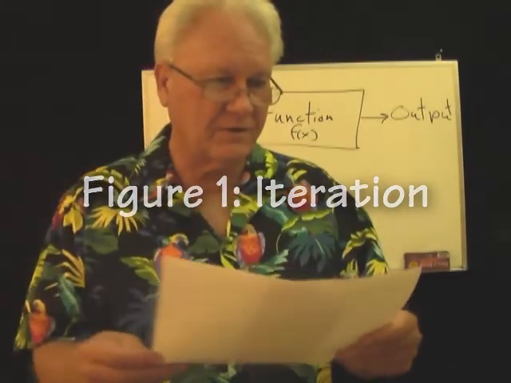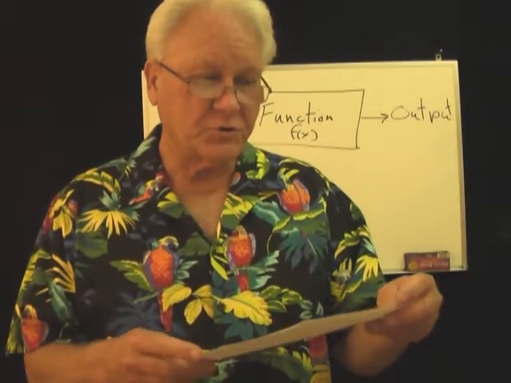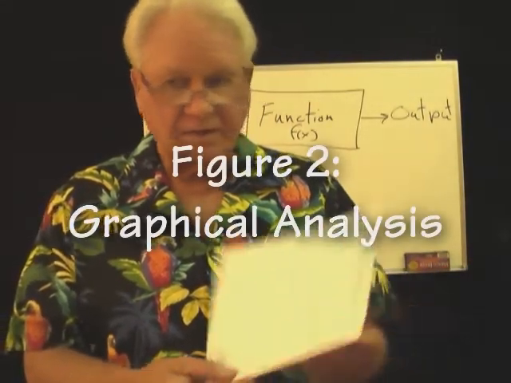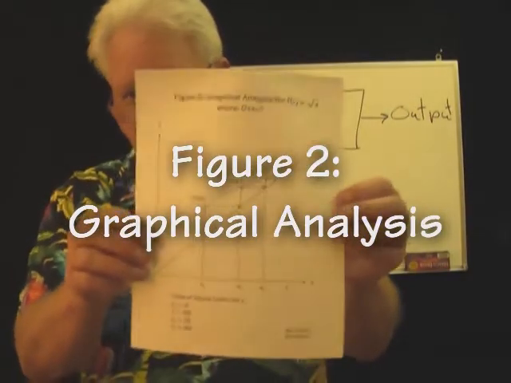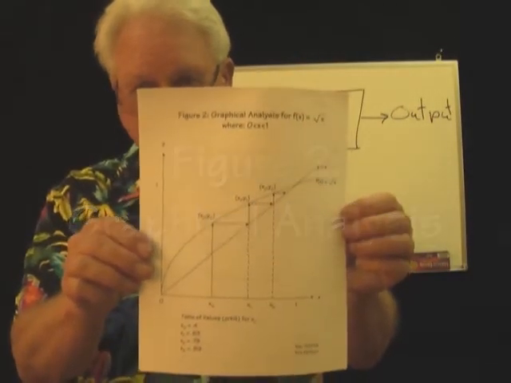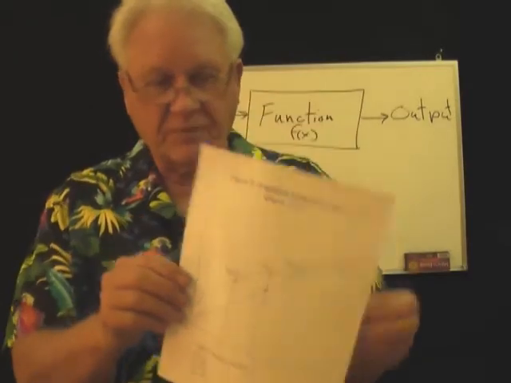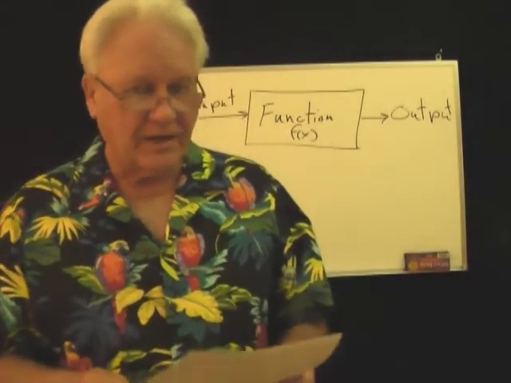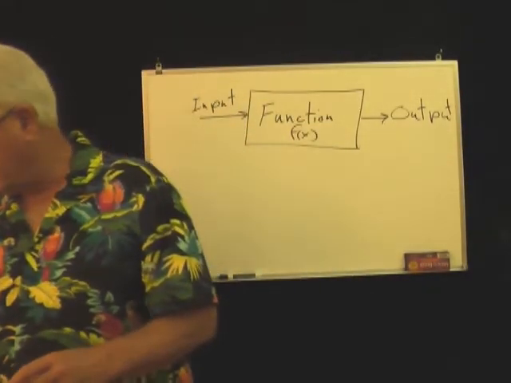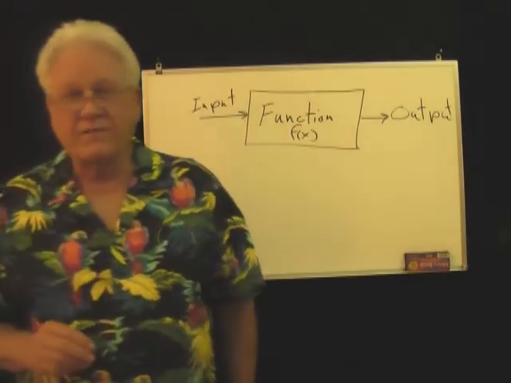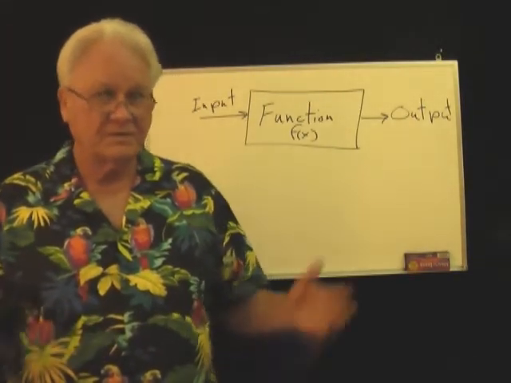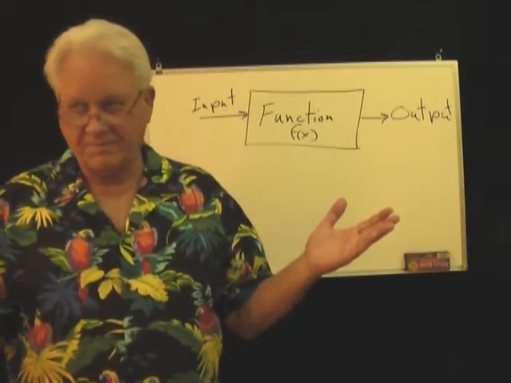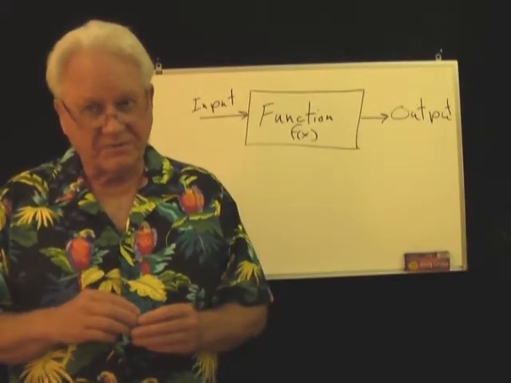The other one is called Figure 2, Graphical Analysis for the function f(x) equals the square root of x. We're going to demonstrate this on a calculator, and we're going to demonstrate this graphically too. So, here we go. Iteration of a function.